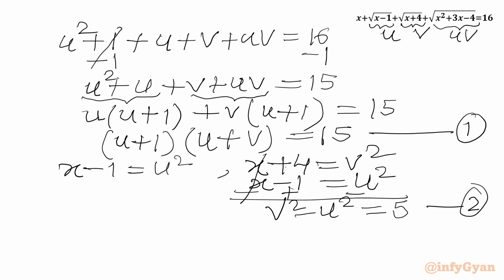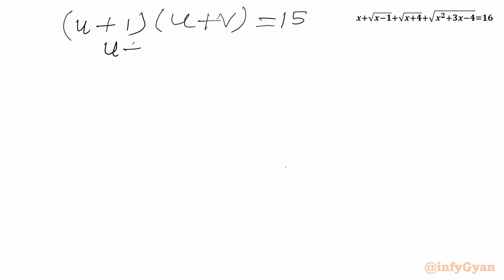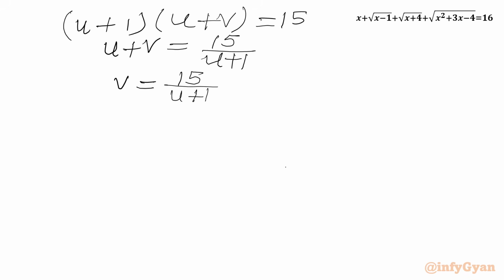Now we will find the v value from equation 1. So let me write here u plus 1 times u plus v equal to 15. Divide both sides by u plus 1. So we will get u plus v equal to 15 over u plus 1. Now we will subtract u from both sides. We will get v equal to 15 over u plus 1 minus u.